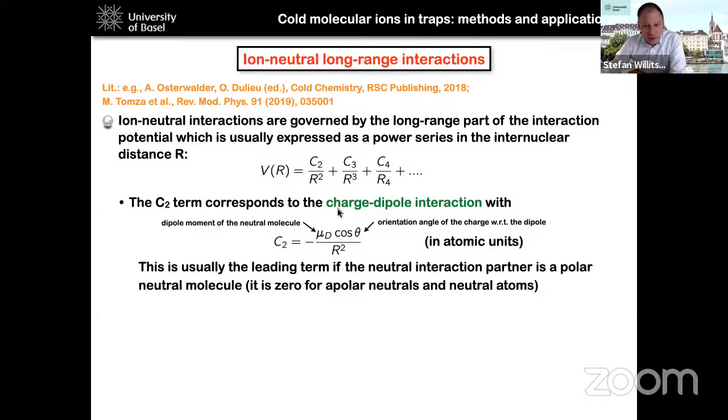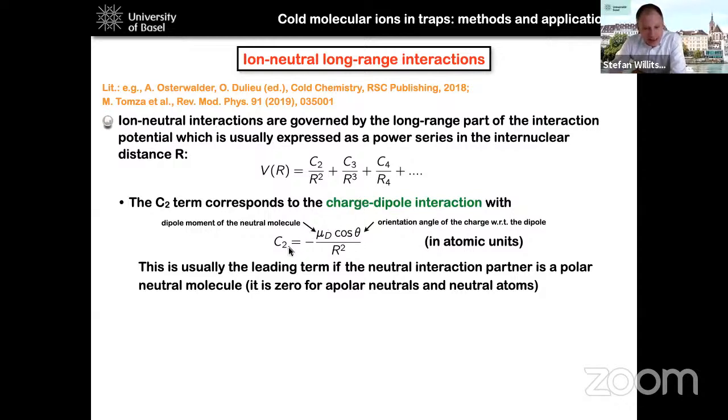This term corresponds to a charge-dipole interaction, the interaction between the charge of one of the collision partners and the permanent dipole moment in the other collision partner. But for this to be non-zero, the other collision partner needs to have a permanent dipole moment. In other words, this is usually the case when we have molecules, because atoms don't have permanent dipole moments.